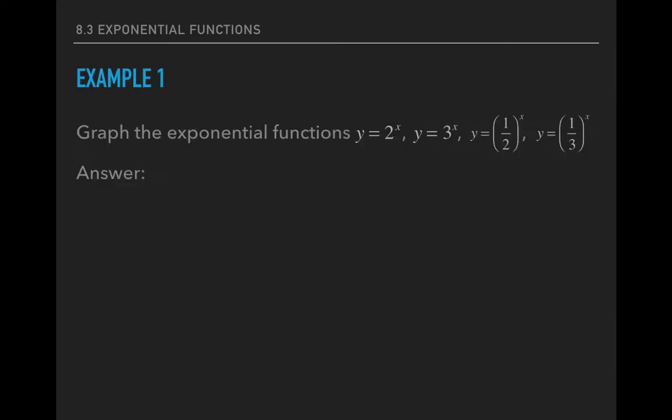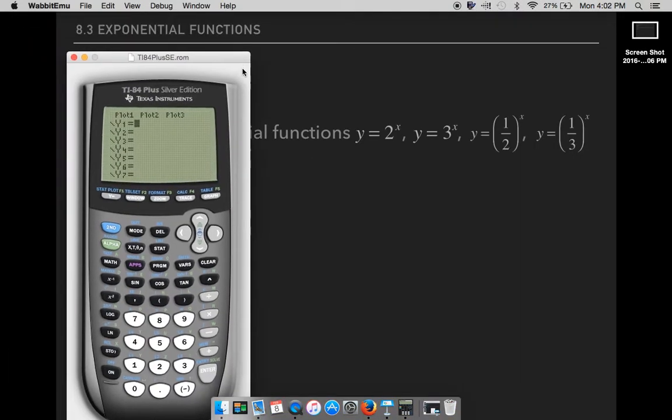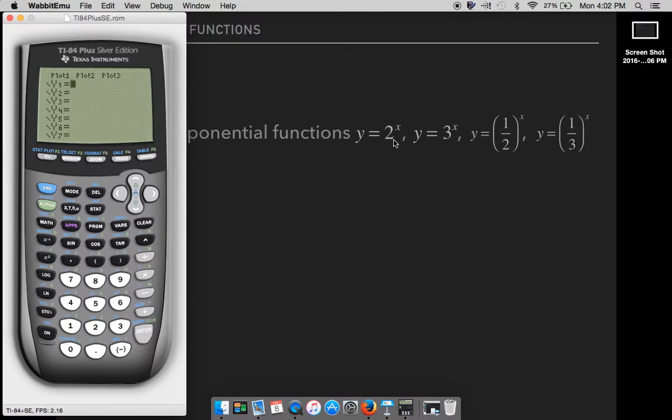What we're going to do in this first example is graph each of those exponential functions, and in doing so we're going to better understand what the b value does to your graph. So I have open here my little graphing calculator application so that you can see how we graph these exponential functions.